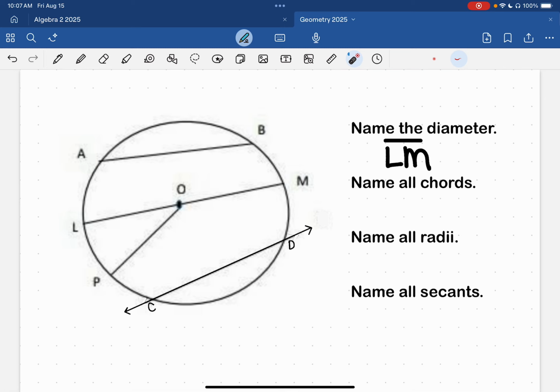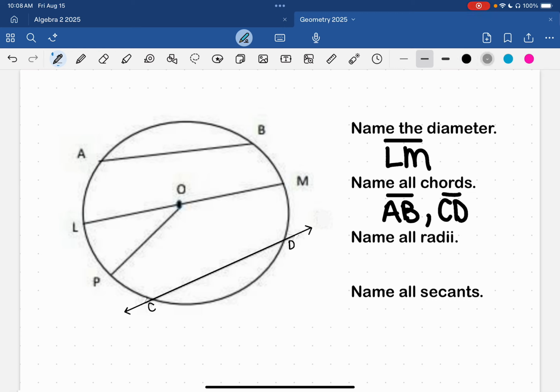All right, name all the chords. From my picture, I could see that this is a chord. So I might put A, B, and once again, just the line. There is one more chord. You could also put from C to D because remember we talked about a chord hiding inside of a secant.